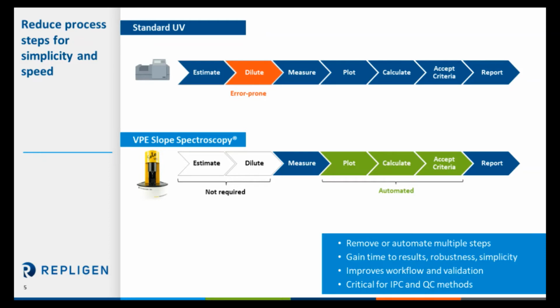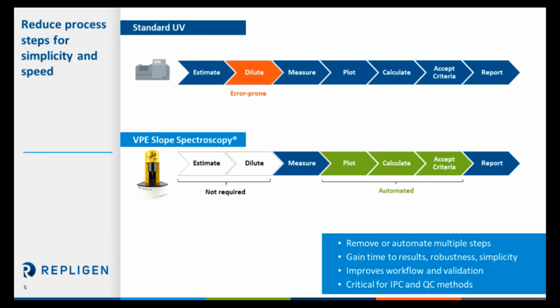First and foremost, if your current platform for measuring anything related to gene therapy is using standard UV, you can see all of these process times from estimation all the way through report that must be done in order to generate any data or values.